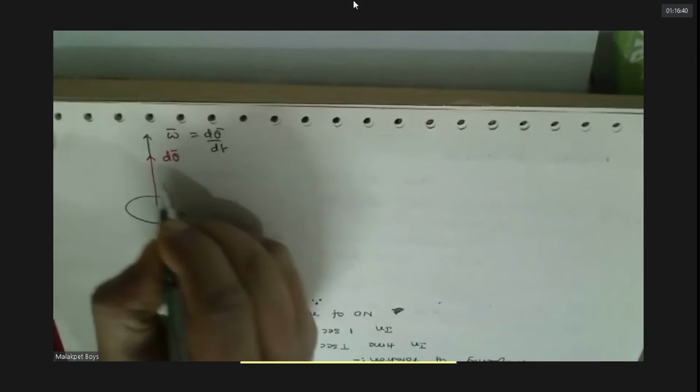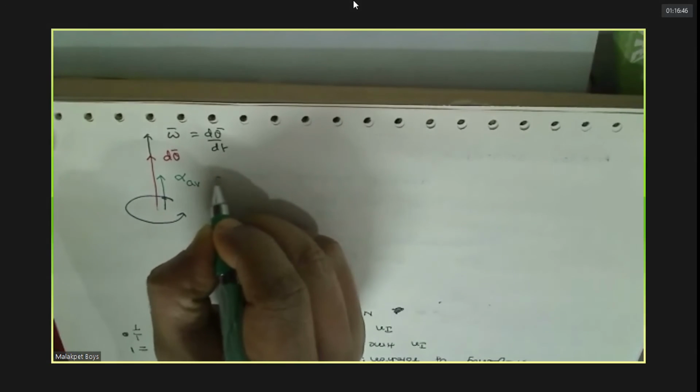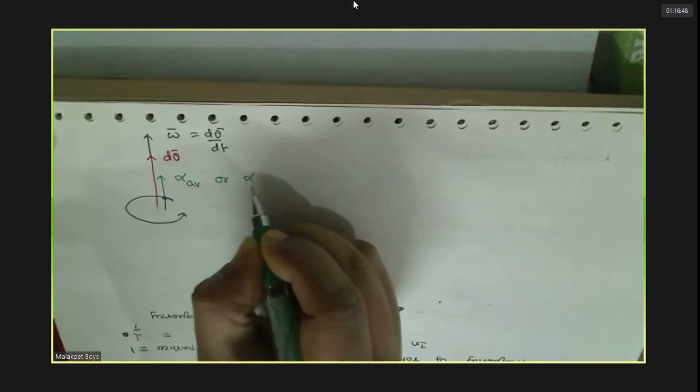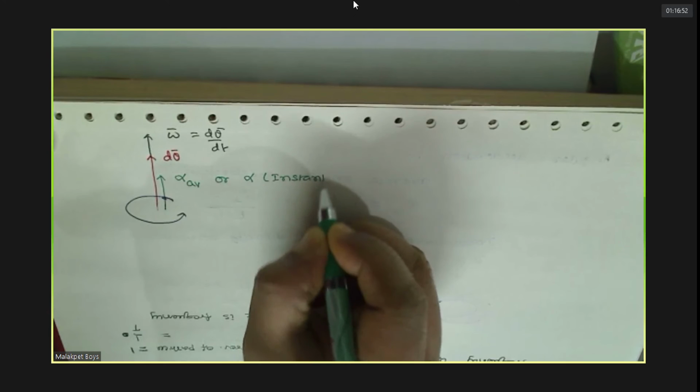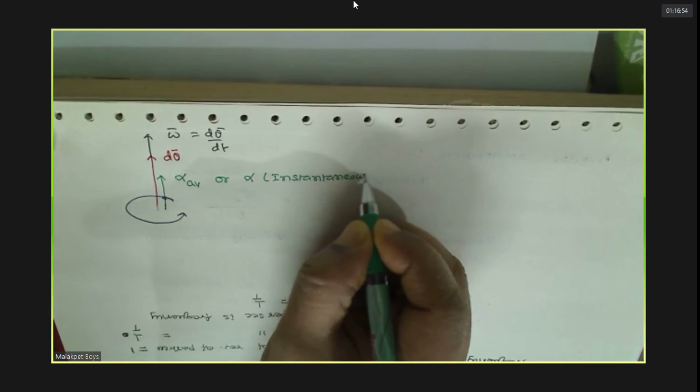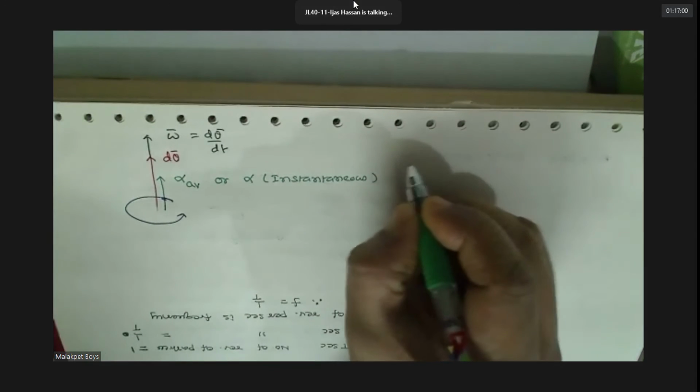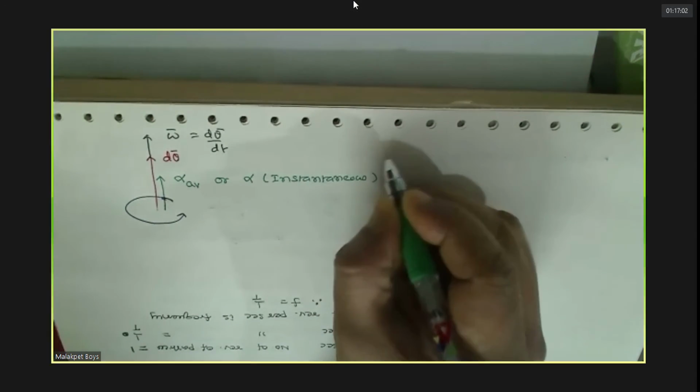Agreed? And alpha may be either upward, alpha average, or alpha instantaneous. You can see all these are directed in which way? All are vectors, no?